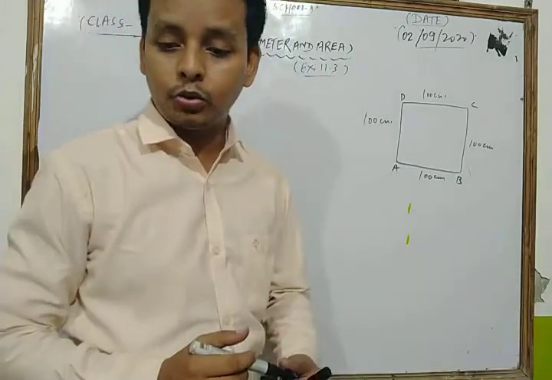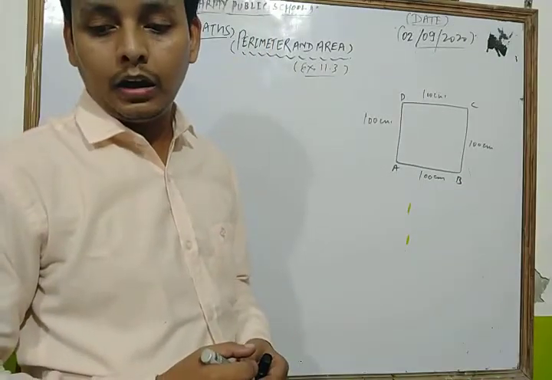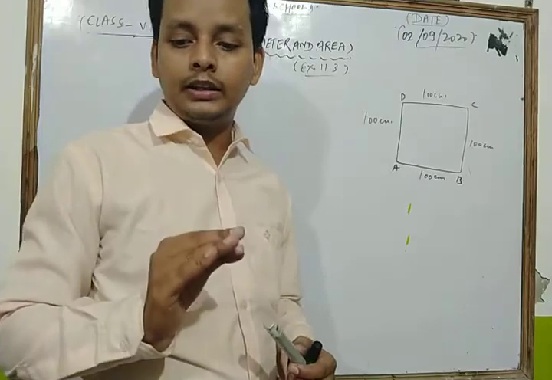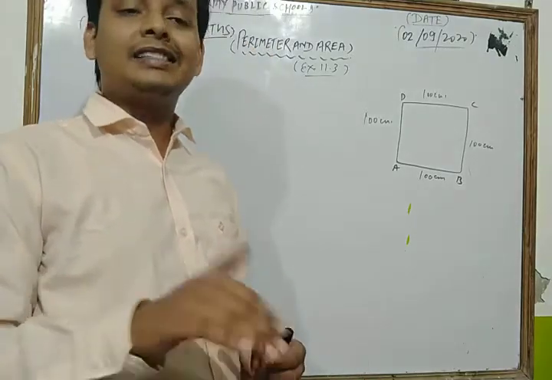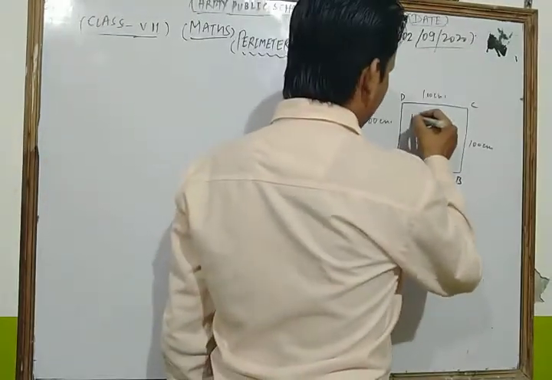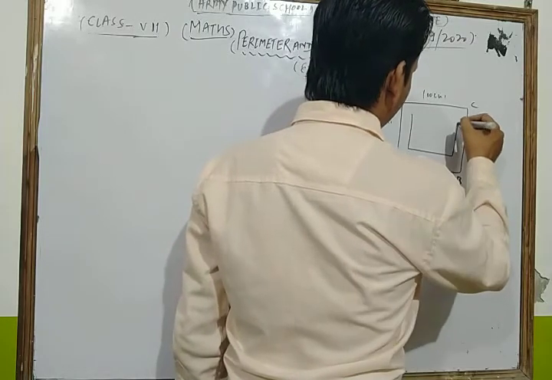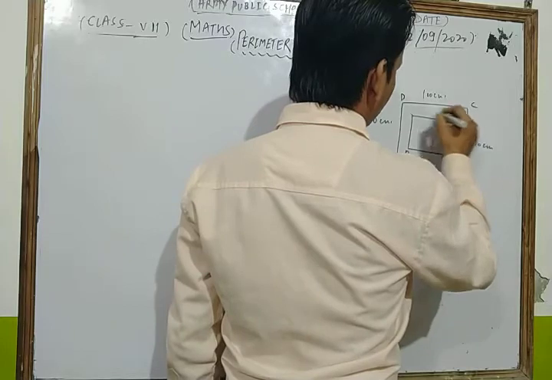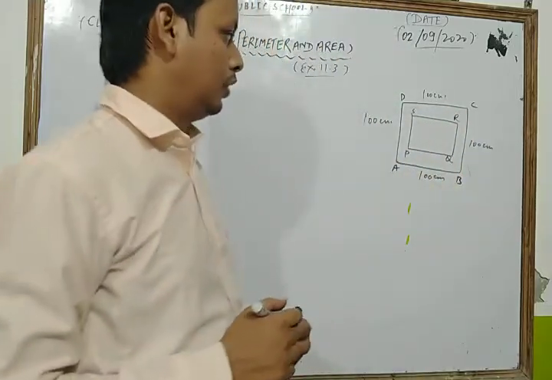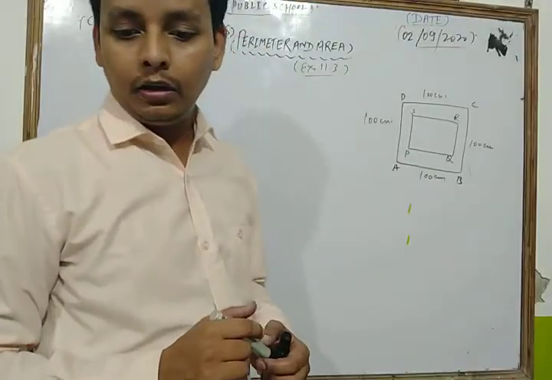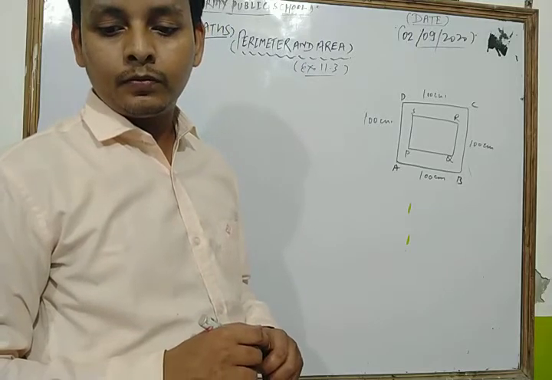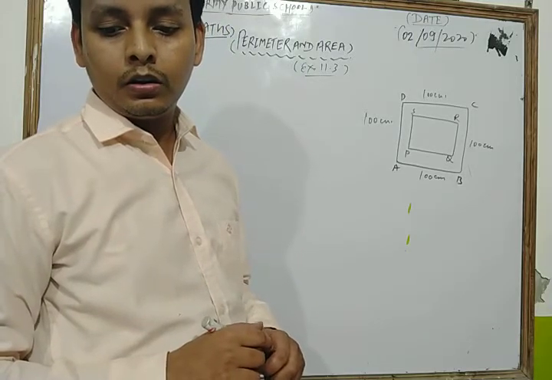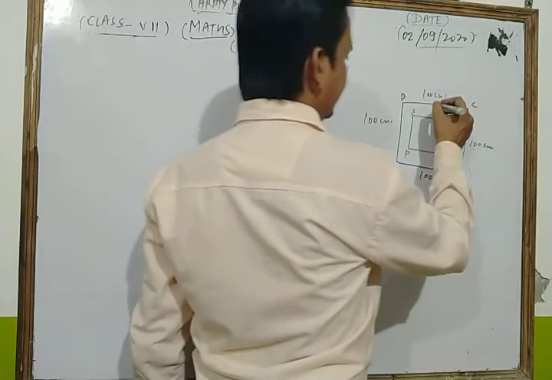And according to the question, a path 5 meter wide runs along the inside. Suppose PQRS is the inner square, and the width of the path is 5.